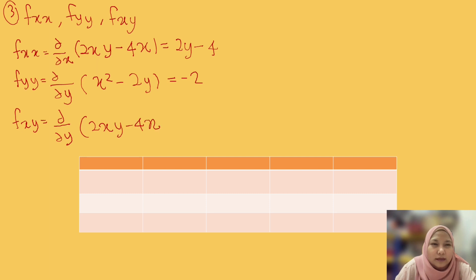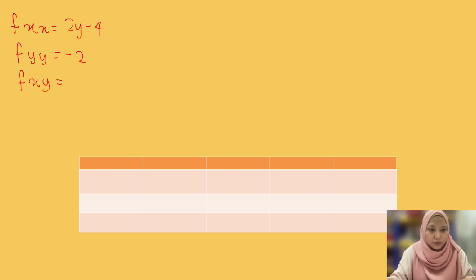So this one we will get x. So just now we have our fxx equals 2y minus 4, fyy equals negative 2, and also fxy equals x.